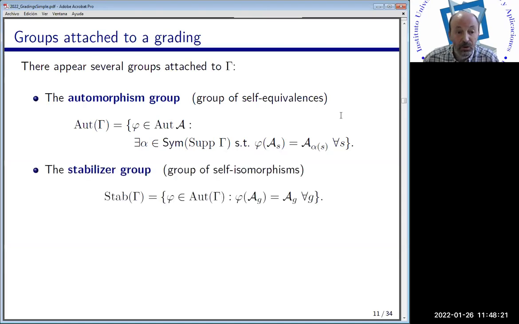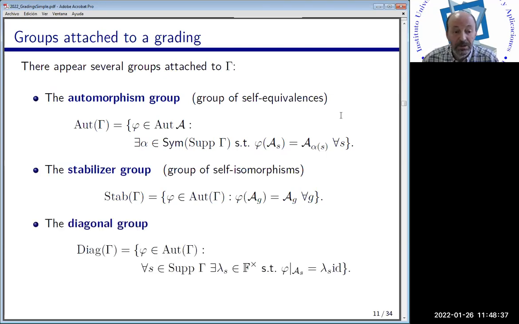Another group is the stabilizer group, which is the subgroup of the previous one that fixes each homogeneous component. Before the quotient, there is the diagonal group, which is the subgroup of the stabilizer group that acts as a scalar on each homogeneous component.